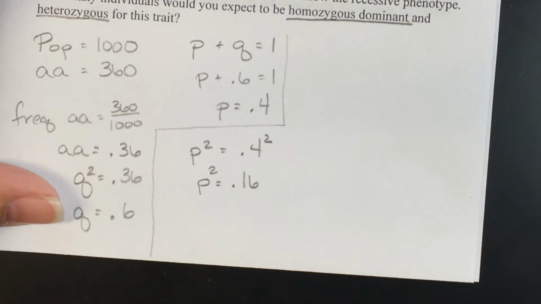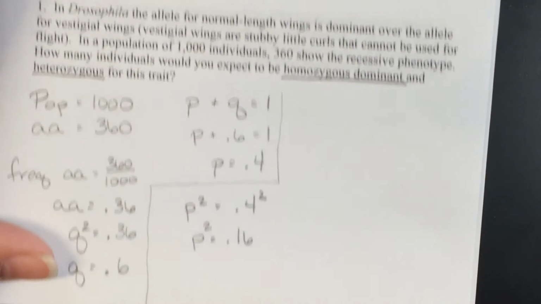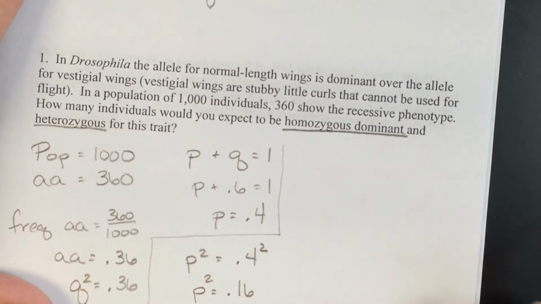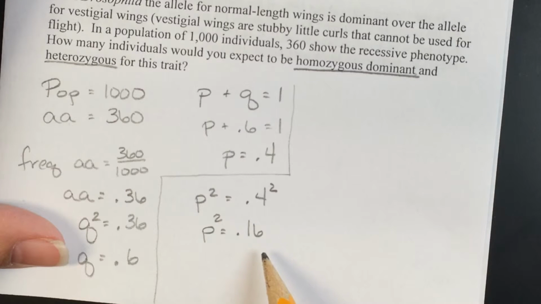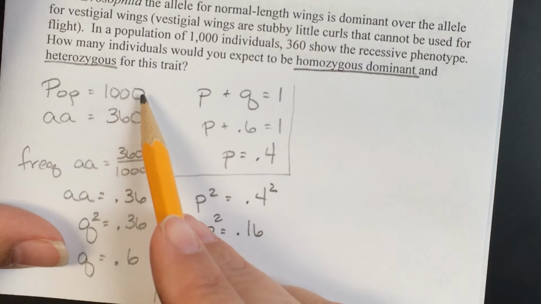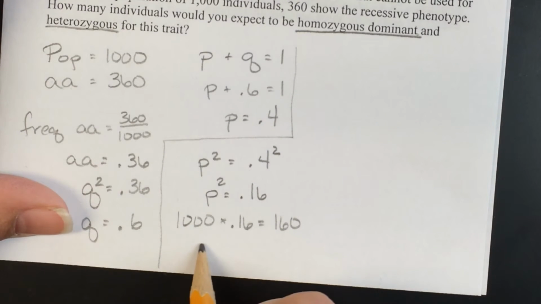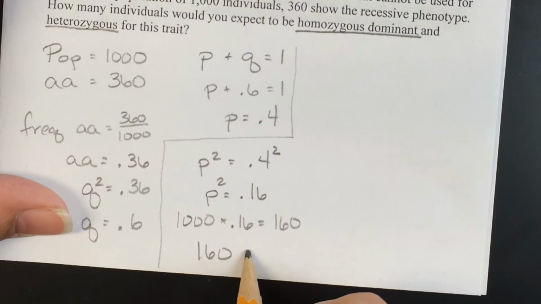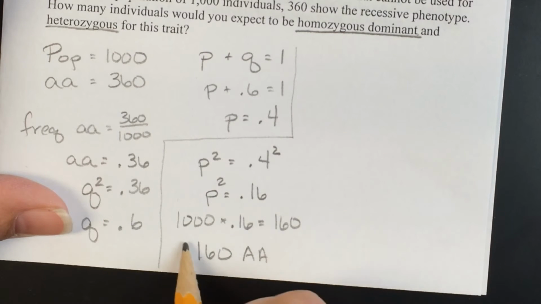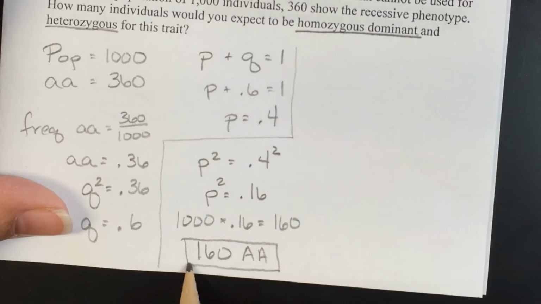As much fun as it would be to stop there, the question wasn't asking us for the frequency of the homozygous dominant. It wanted to know how many individuals. So now that we have our 0.16, to get our individuals, we need to multiply that by our population size. So we're going to take our population of 1,000 times 0.16, and we get 160. And so just to shorthand it a little bit, we have 160 homozygous dominant in our population.